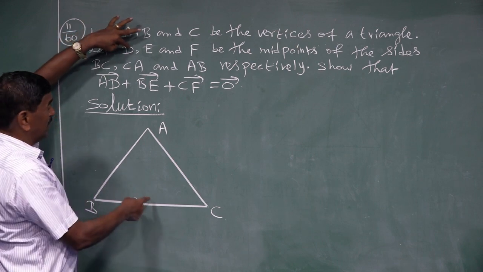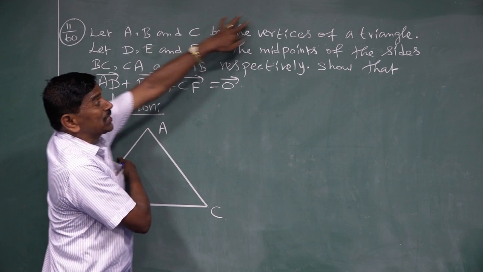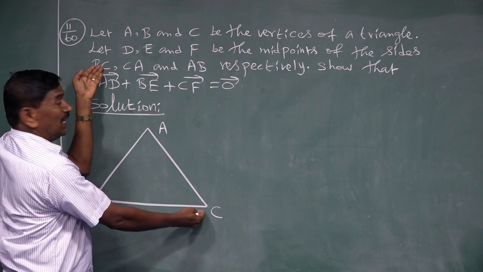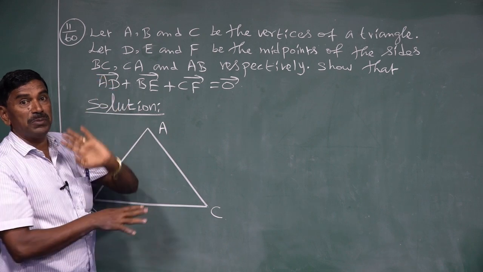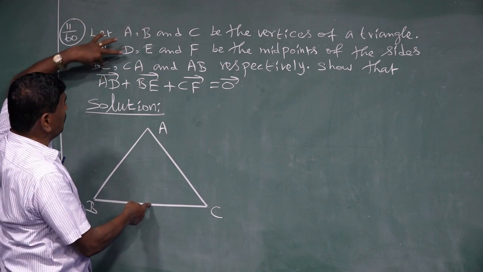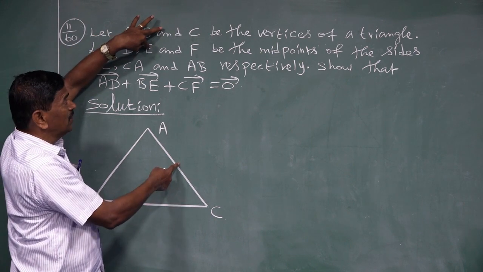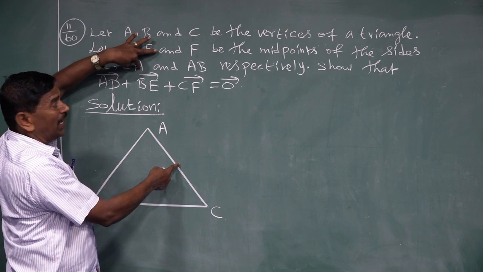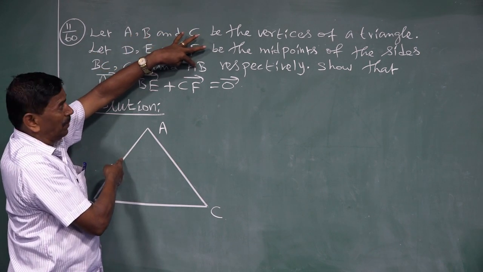Let D comma E comma F be the midpoints of the sides BC, CA and AB respectively. Which means, yes, very good. D is the midpoint of BC. Next, E is the midpoint of AC or CA. F is the midpoint of AB.